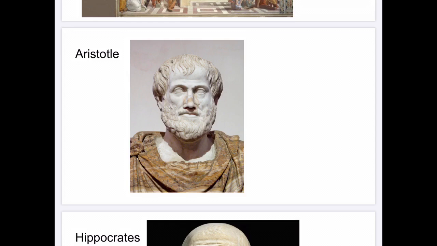Second one was impetus. So impetus meant essentially that you could take something out of its natural place and put some power into it and get it to do something else. So a living organism can put impetus into an inanimate object to move it in some direction other than toward its natural place. But when that impetus is gone, the object will return to its natural place.